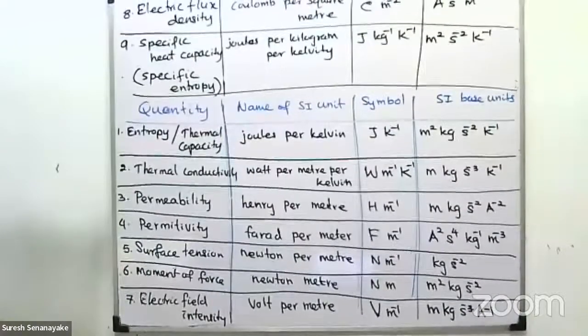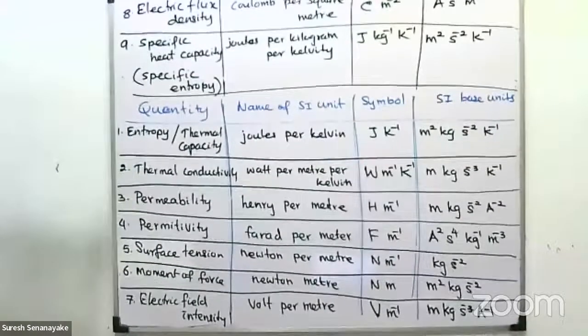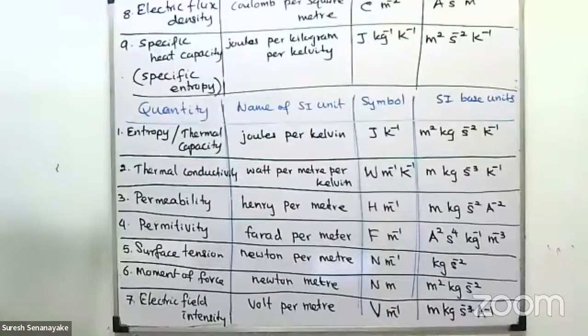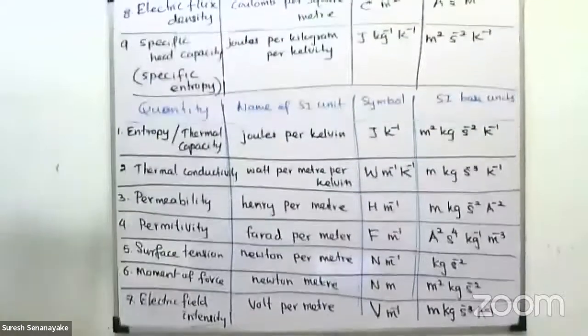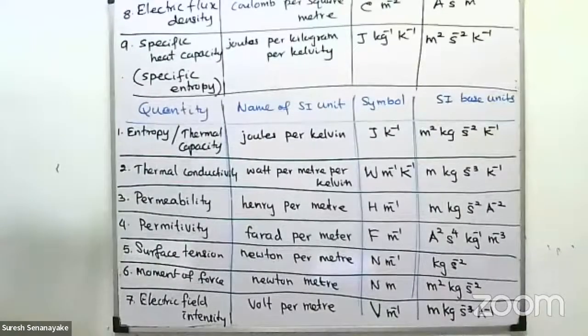Overall in the syllabus, to describe the smallest and the range of the measurements: the smallest distance which can be measured corresponds to the size of a proton, about 10 to the minus 15 meters, right?